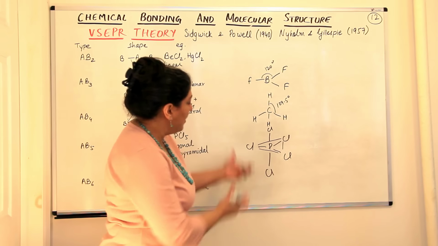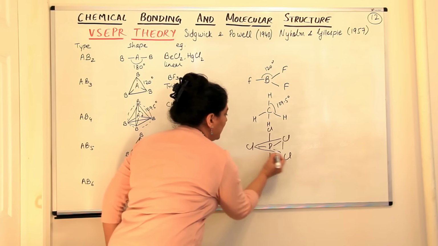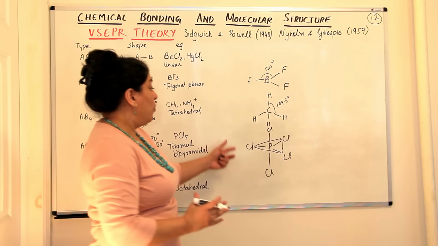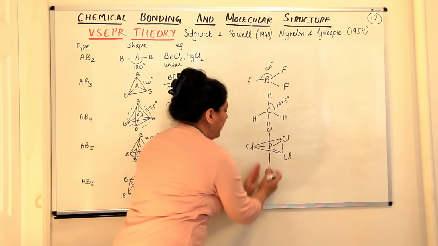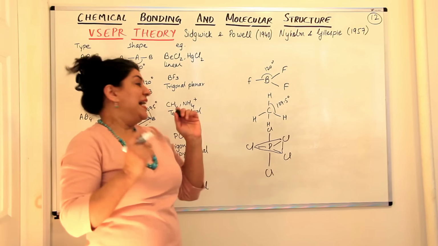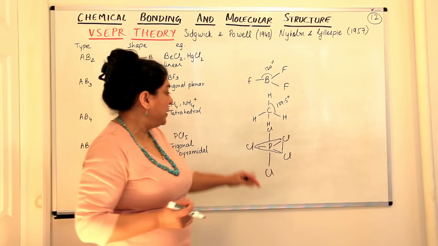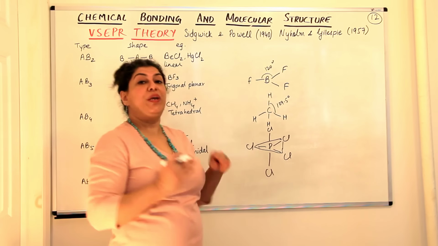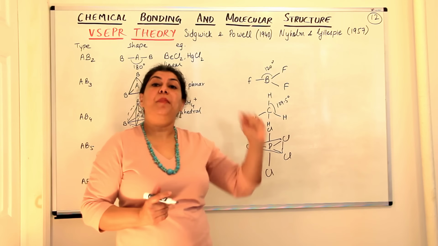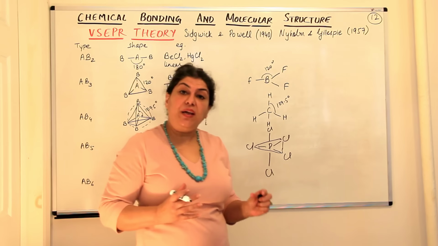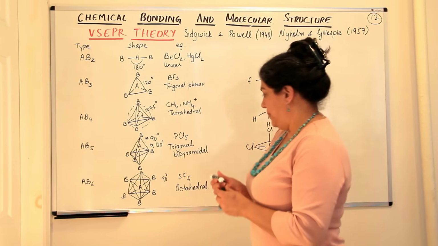These 2 chlorines are above and below this planar surface. One pyramid is here and one pyramid is down here. So we call this a trigonal, that is 3 corners. The base has only 3 corners, and there are 2 pyramids, so we call it the trigonal bipyramidal shape. This shape is known as the trigonal bipyramidal shape.